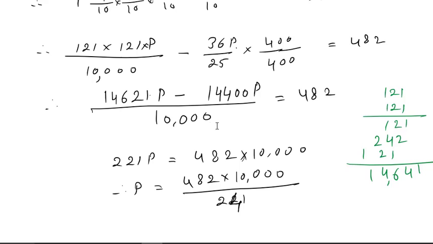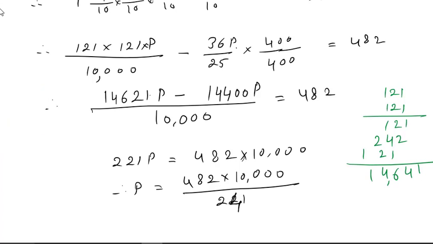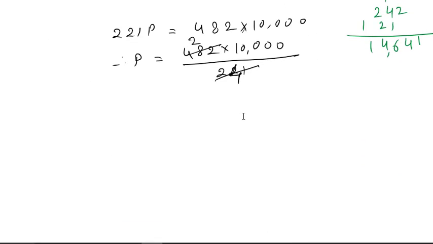Here I was writing 21, it is 641. So the calculation I had done right, but I had written it wrong. So this is 641, and when I subtract, I get 241. Now this 241 into 2 gives me 482. So therefore the value of P is 20,000. The value of P is 20,000.